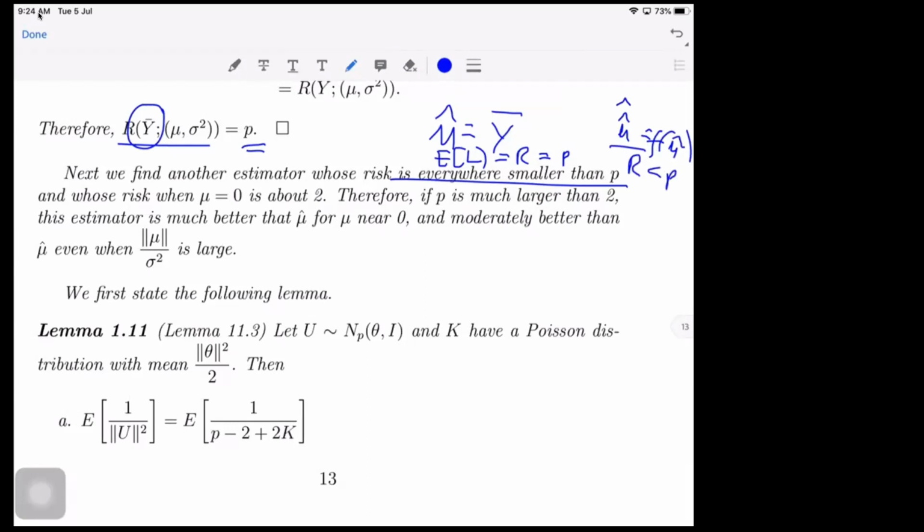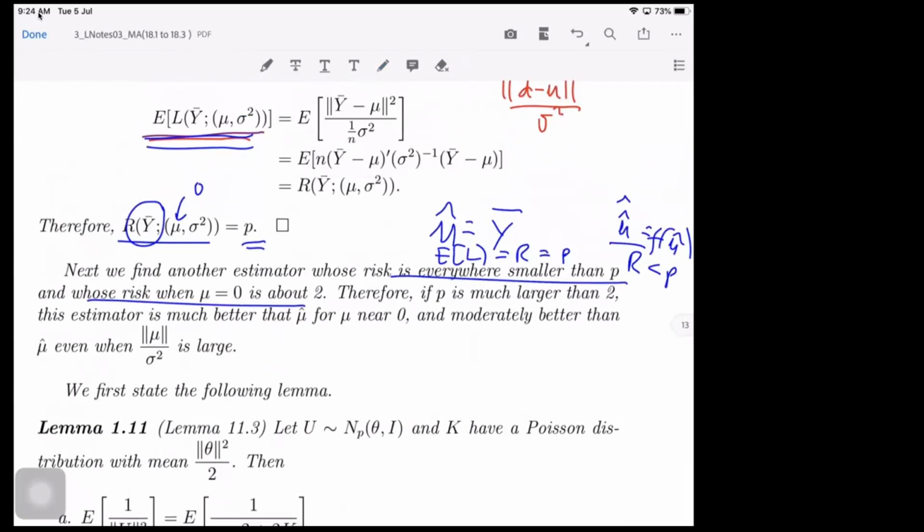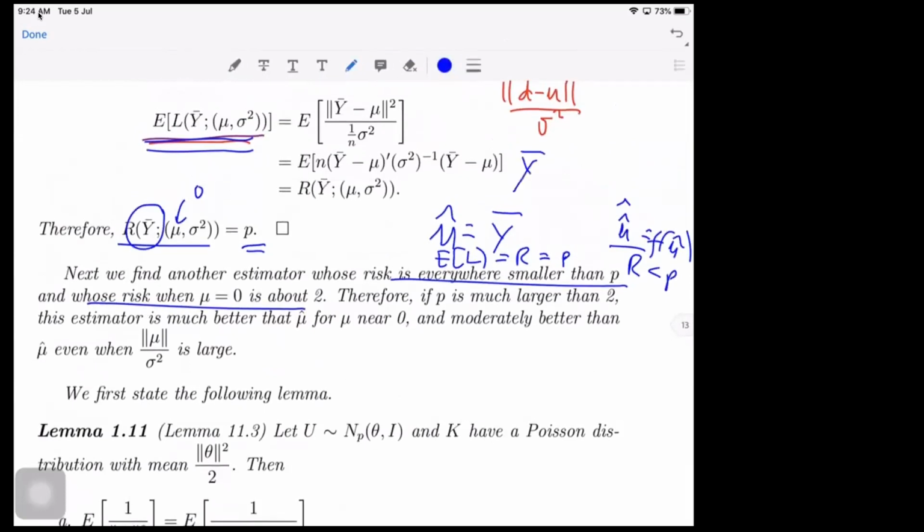Okay, so when mu is 0, and we try to compute for P, kini siyang y bar, asa ra gani ni siya admissible when P is equal to 1 or when P is equal to 2, no? When P is greater than 2, dili naman siya admissible. So atong expected risk dapat about 2 lang, no? Kay diha man siya maayo.